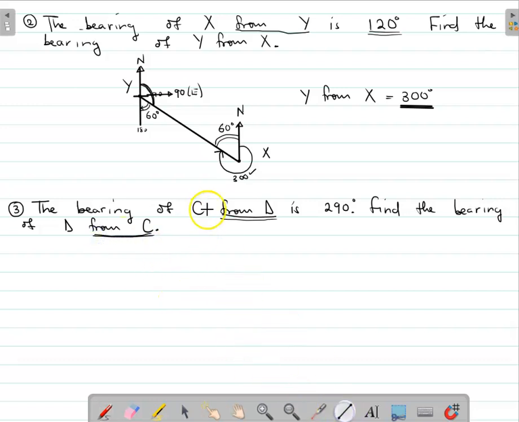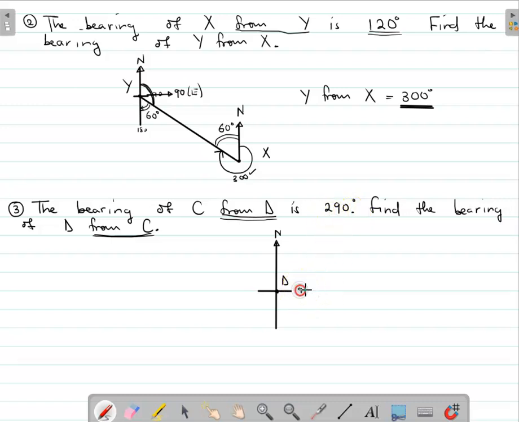So which means, since we are given bearing from D, we come up with point D first. There we go. So where the lines cross, that's your point D. So don't get confused there. This is point D, and then this is my north for D. And the bearing is 290.